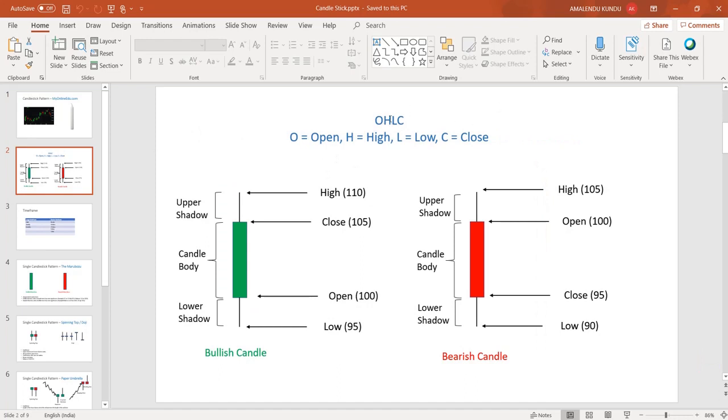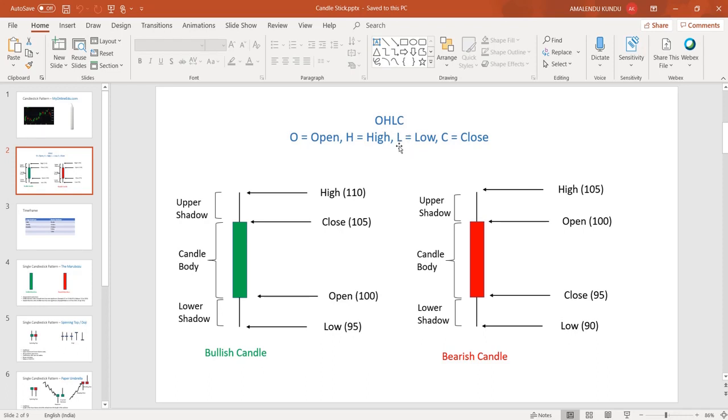Normally, a particular stock on a particular day has four things, called OHLC. O is for open, meaning at the start of the day, at what price the stock opens. High means the price reached the maximum for that particular day or time frame.